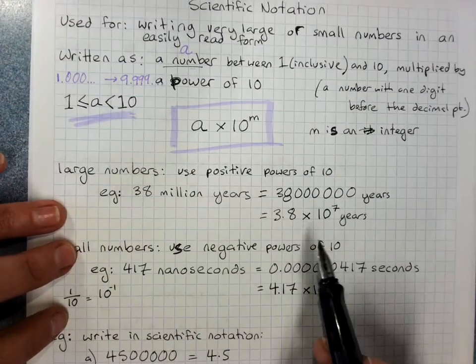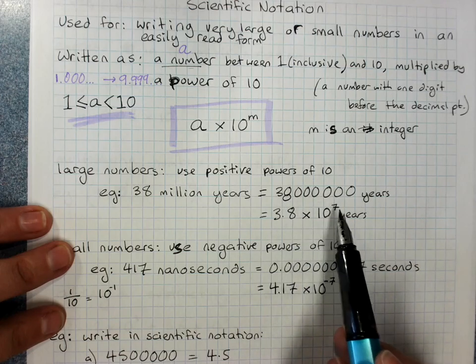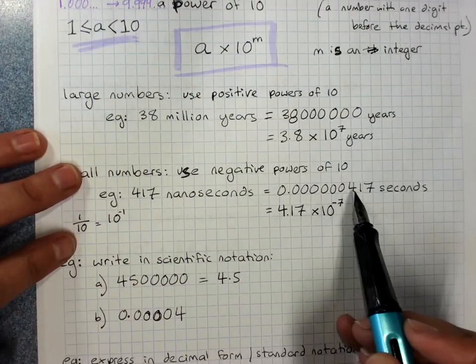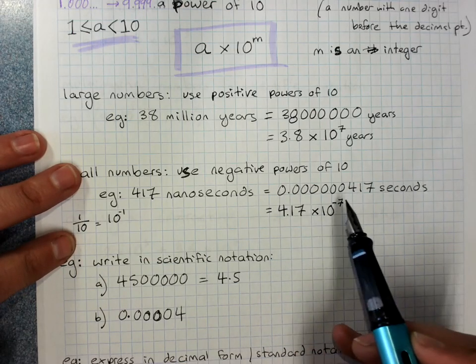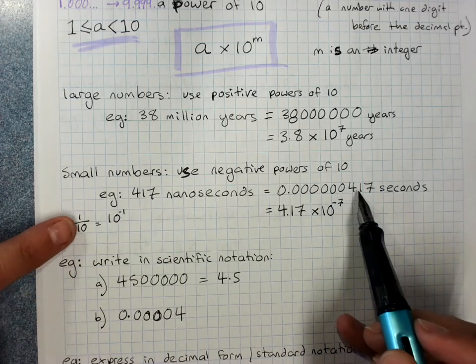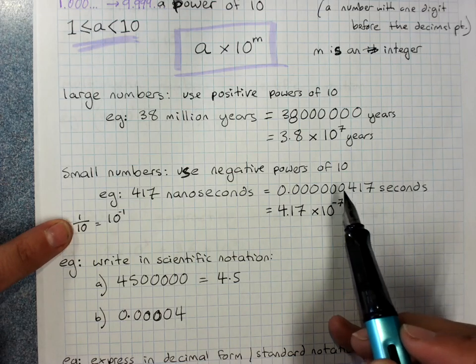Now you can think about this as you're moving the decimal point 7 spots to the right to get a bigger number. You're moving the decimal point 7 spots to the left to get a smaller number. It's not really very accurate to think about it like that. Actually, you're multiplying by 1/10 or dividing by 10 7 times.